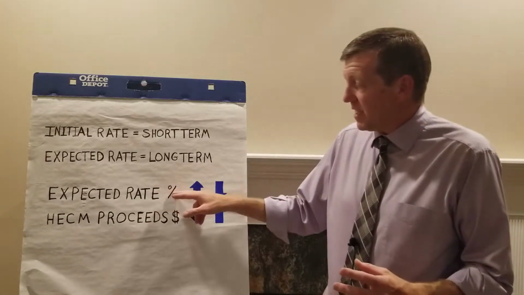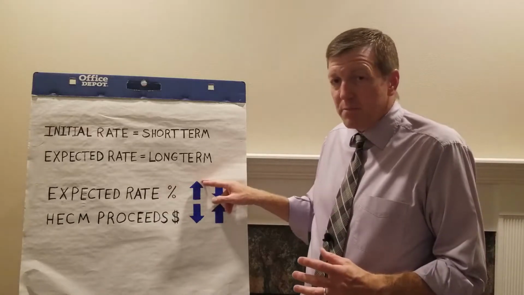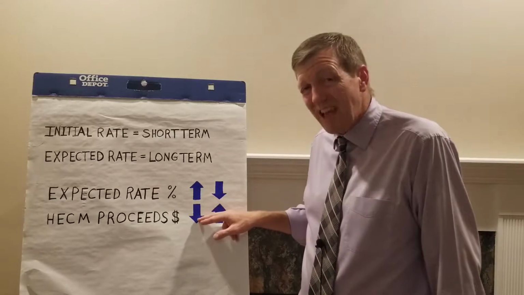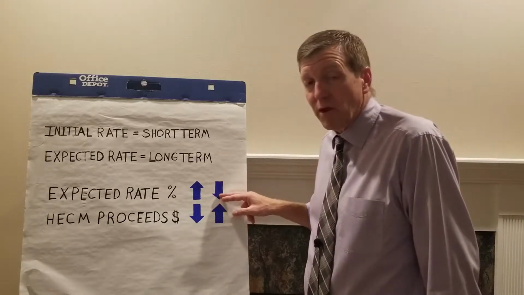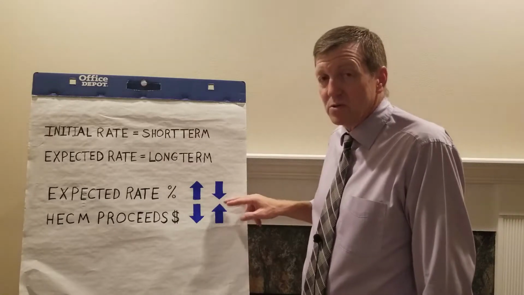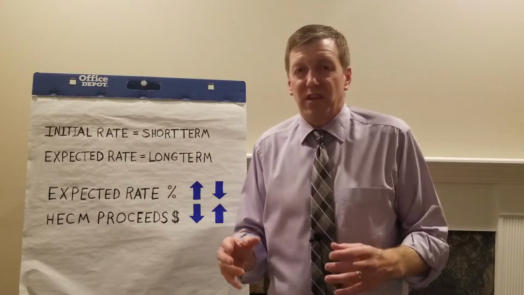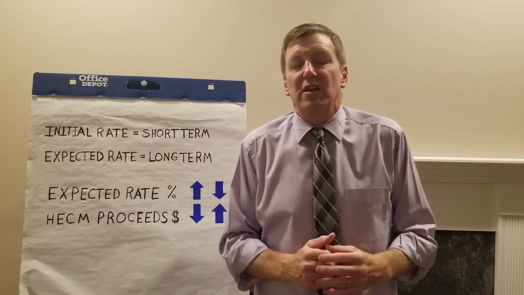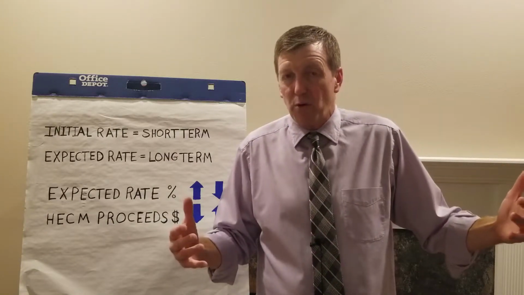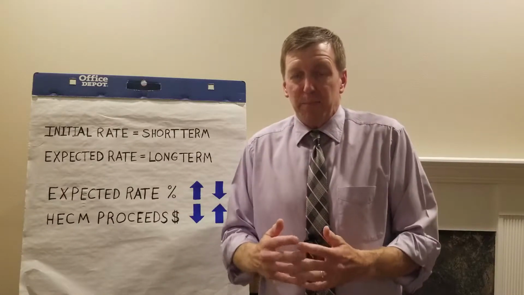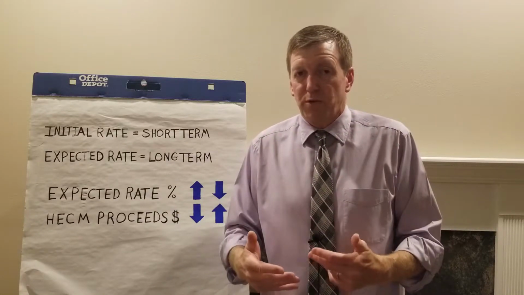Down here you can see as the expected rate goes up, the amount of money that somebody can get from a reverse mortgage goes down, and vice versa. If the interest rate goes down on the expected rate, then the amount of money they can get goes up. The reason for this is that we're looking 10 years down the road. If we think the interest rates are going to go up 10 years down the road, we're going to offer less money today on the loan because interest accumulates with a reverse mortgage.